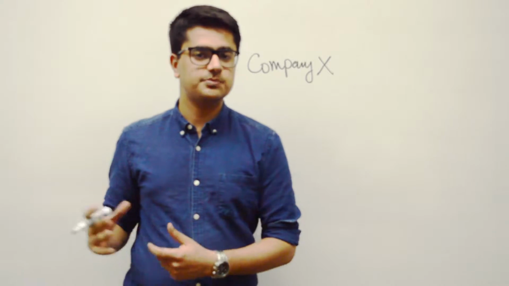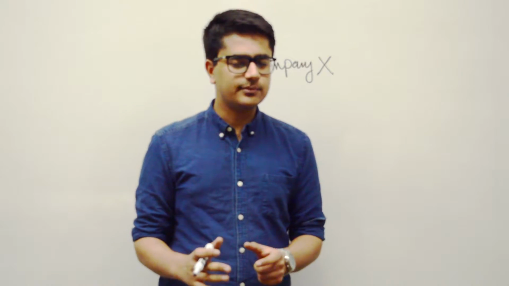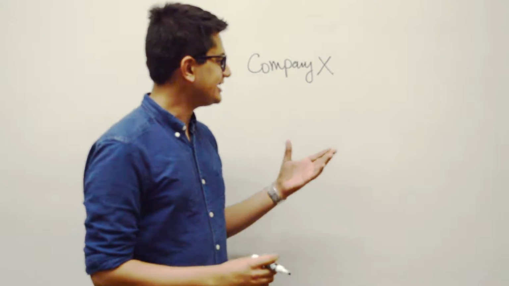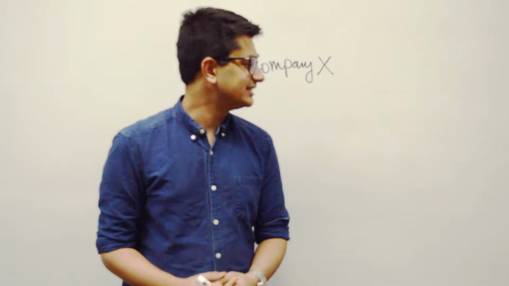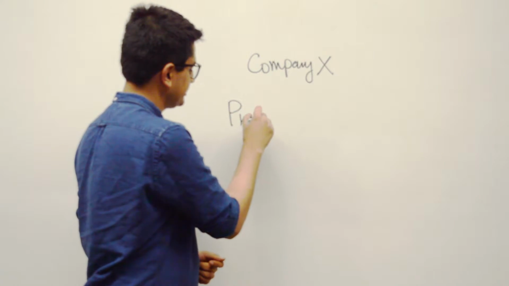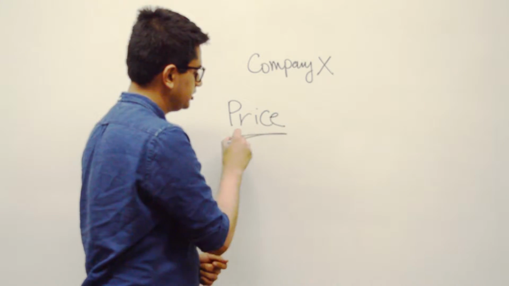But how do we get this PE ratio? Well, the mistake that most students make is that we cannot simply take the PE ratio of the company that we're dealing with. That would simply be a trivial identity. Let's say we want to determine the price. This is an unknown.